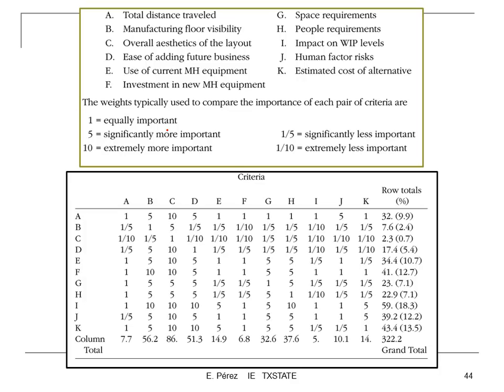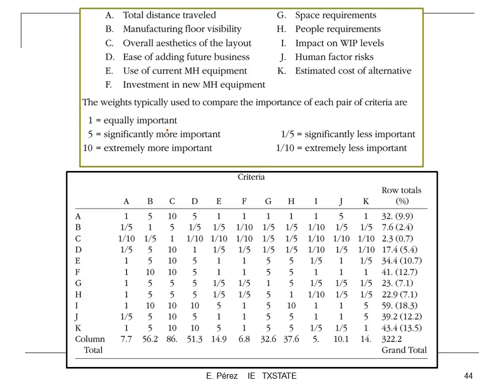Well, first we provide some weights in terms of the relationship between the areas that are important for this design. And by providing those weights, say one is equally important, significantly more important, we can come up with the best, or not the best, but the most important issues related to your future design.